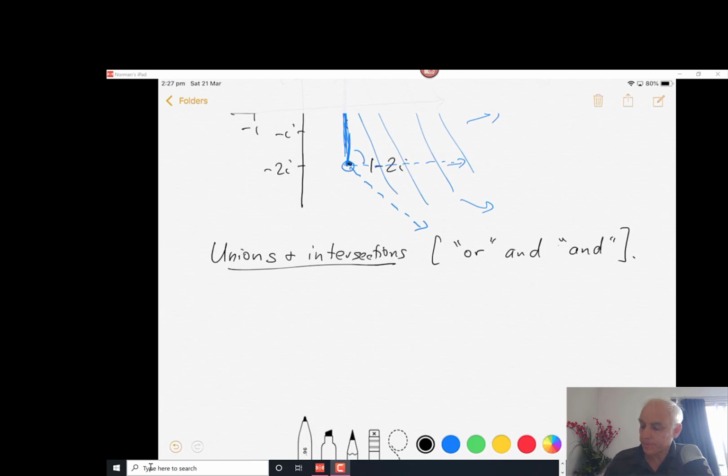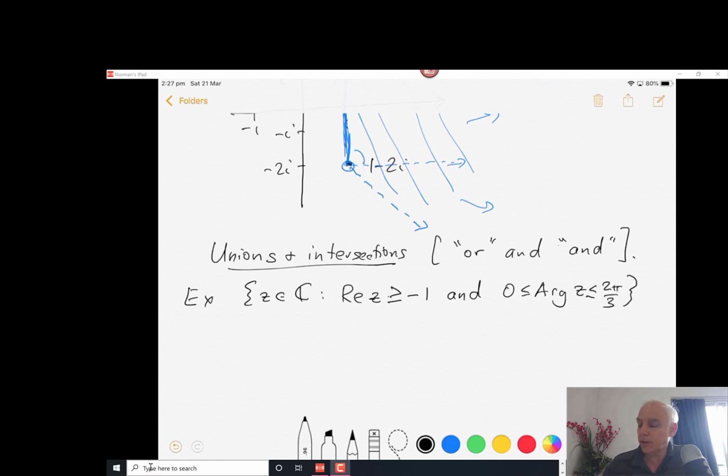So for example, suppose we had the set of z in C such that, say, the real part of z is greater than or equal to minus 1 and the argument of z is, say, between 0 and, let's say, 2 pi on 3.